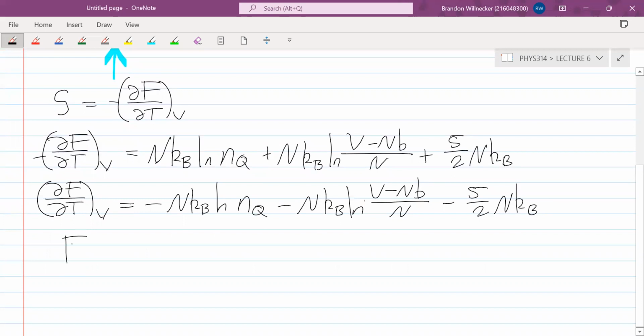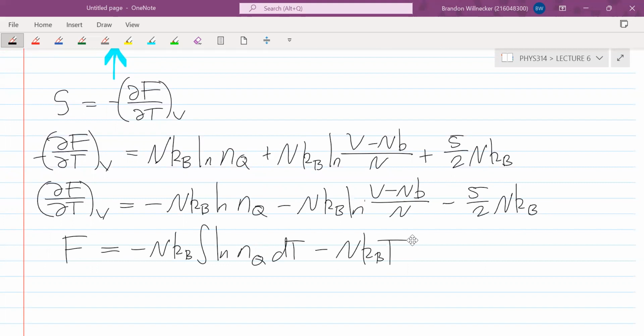So F is going to be equal to minus NkB integral of the natural log of nQ dT, minus NkB. We can just put the T there now because that's not a function of T. Natural log of V minus Nb over N. And same for the other one, we can just add the T immediately.